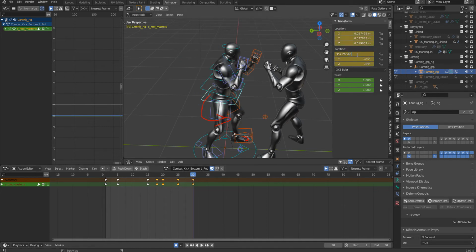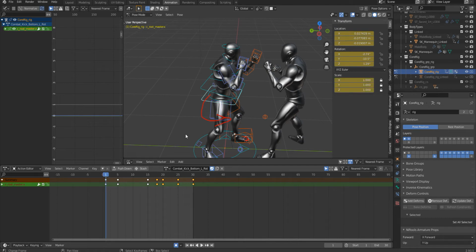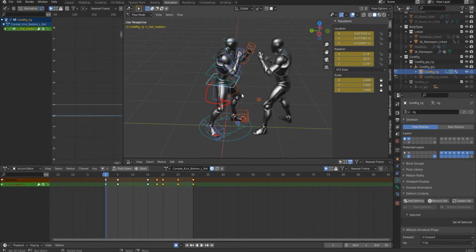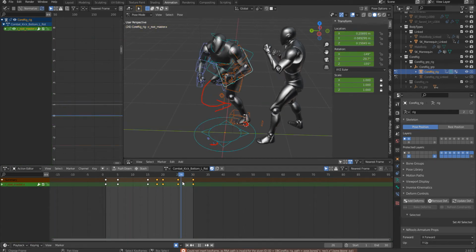If you go again like this, you get this and the problem will be worse. As you can understand, this first frame meets with the end frame. So how do we actually fix this?